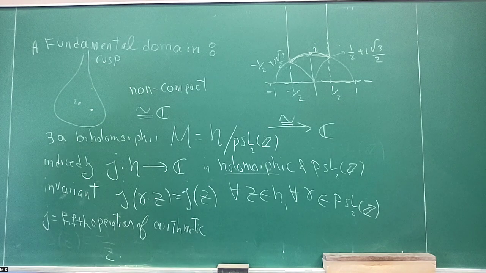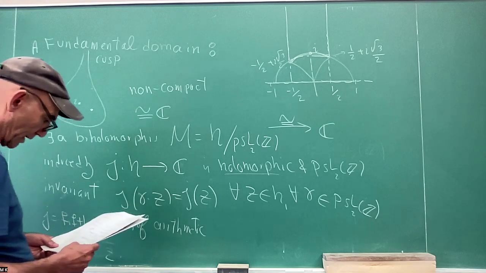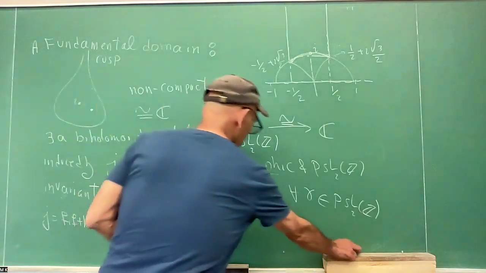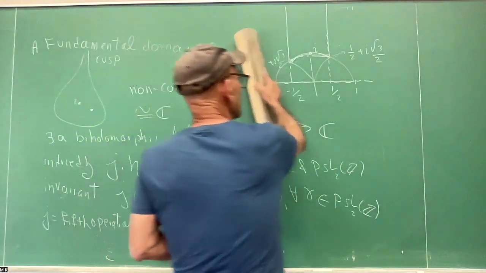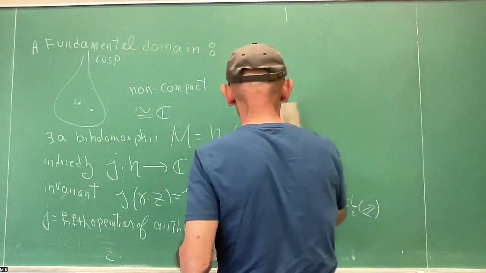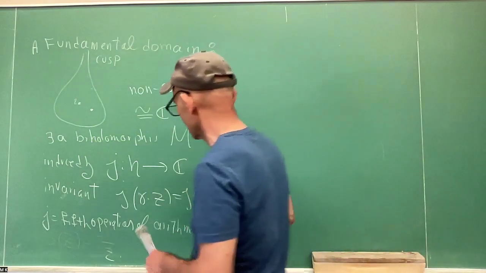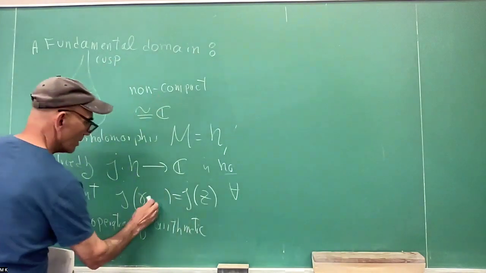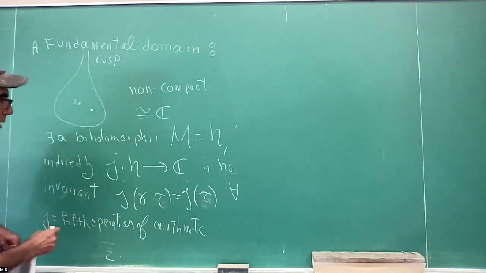So let me write this J. This is a very important object in modular forms, complex analysis, Riemann surface theory, everything. So this is constructed like this. I just erase this part. So J of tau, now I just switch, so maybe I call this tau. For the upper half plane, we always denote it by tau.